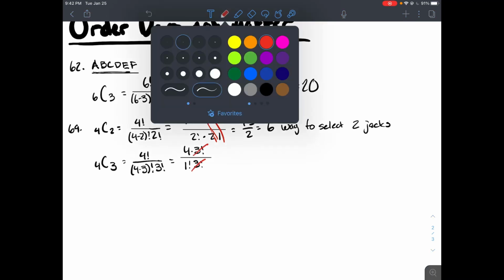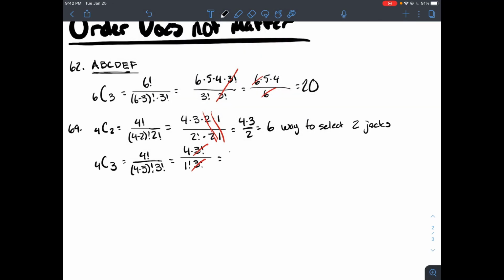Cross those out, and all we are left with is a nice 4. There's 4 ways to select 3 aces.